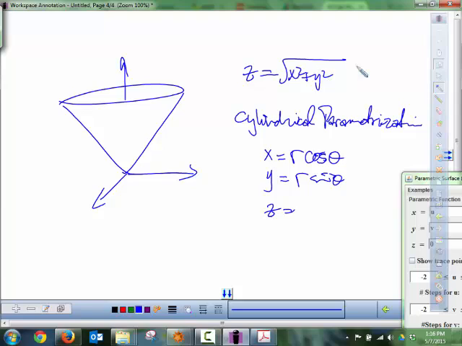And then the z becomes just r. So what is this? This is your parameterization, right? Back to Ryan's comment, can we just use the x and the y? Well, you can use x and y, use u's, v's, r's and thetas. You can use r and theta as well.